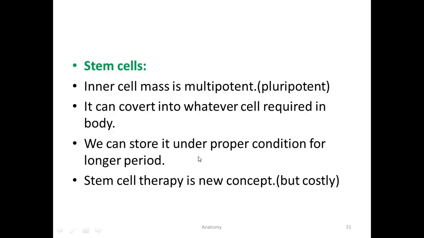This is called stem cell therapy. It is a new concept in which the multipotent early inner cell mass cells can be stored for a long time and utilized to replace diseased cells. So one should know, in short, what stem cells are and what stem cell therapy is.